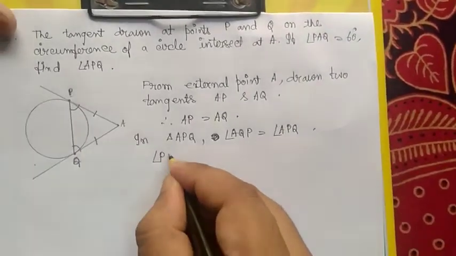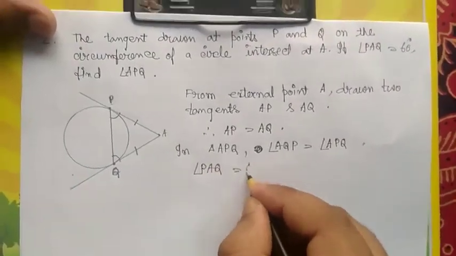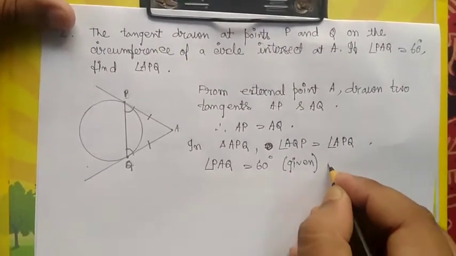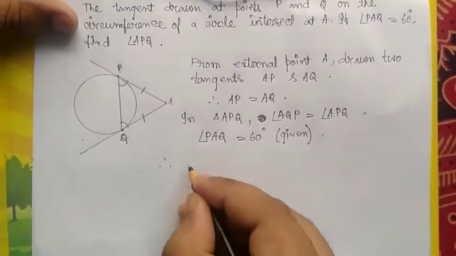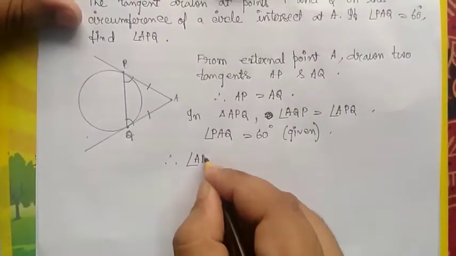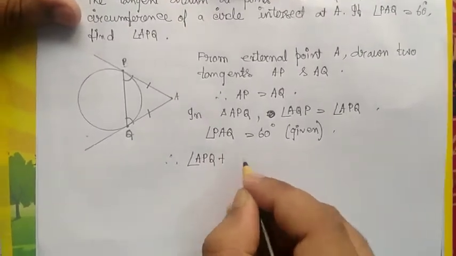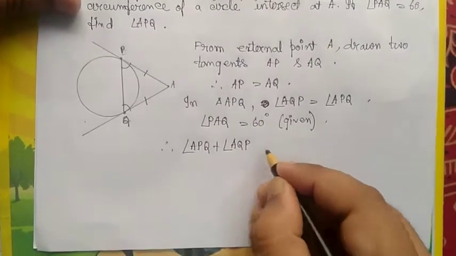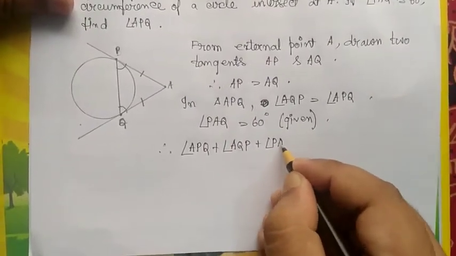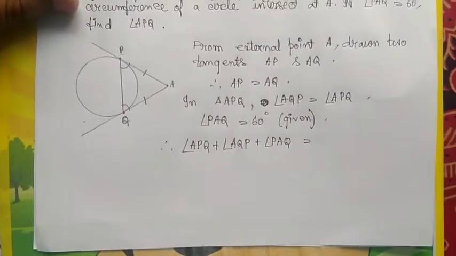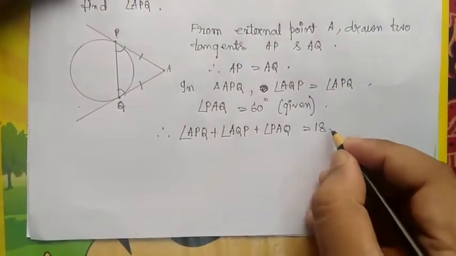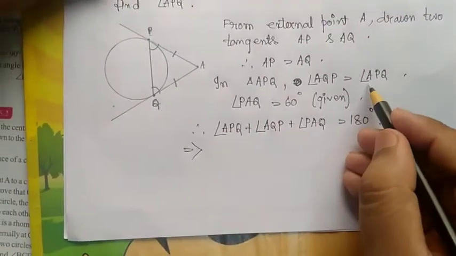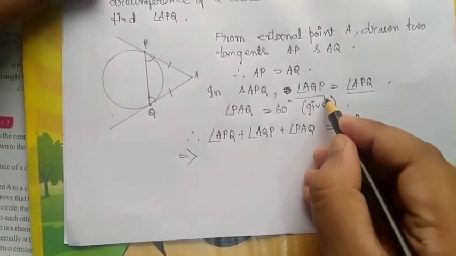Now PAQ equal to 60 degree is given. So APQ plus AQP plus PAQ equal to 180 degree, because all three angles of a triangle always sum to two right angles or 180 degree. We know APQ and AQP are both the same.